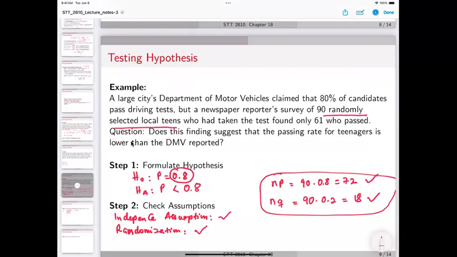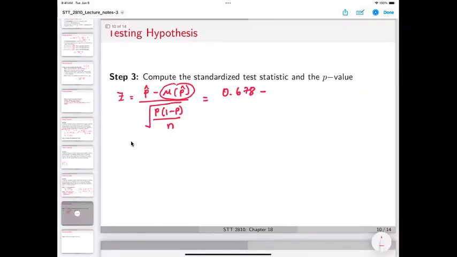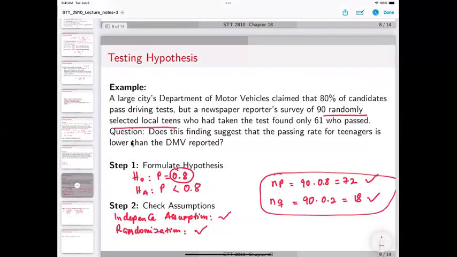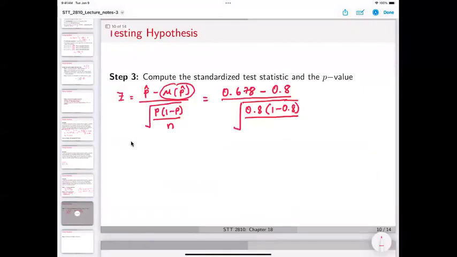P, because we learned in chapter 16 that the mean of the proportion is always p. So that is 0.8. Divided by the square root of 0.8 times 1 minus 0.8, divided by our n. What is our n? Our n is 90.